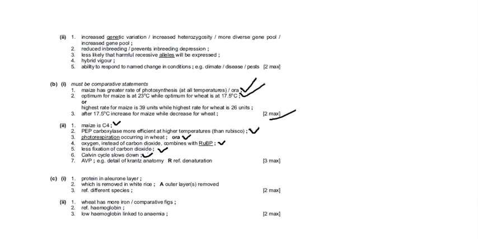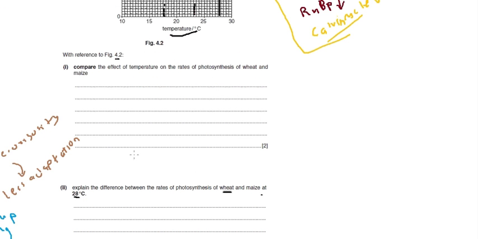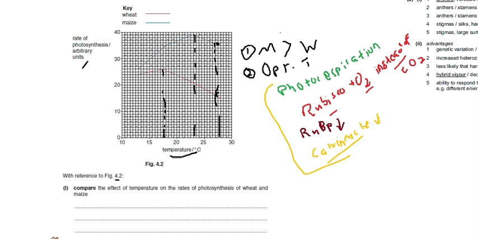You may want to add this point, that RuBP goes down. So what happens here is that there is less carbon dioxide fixation.